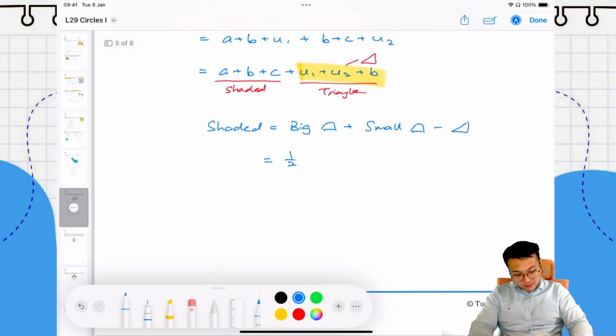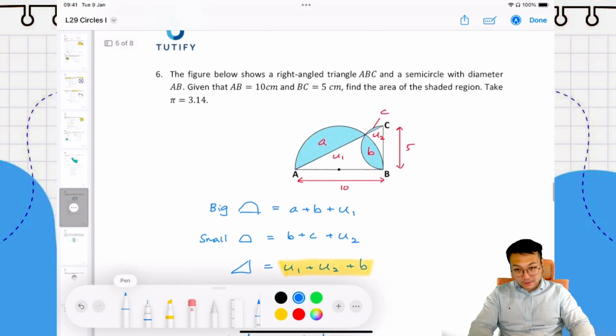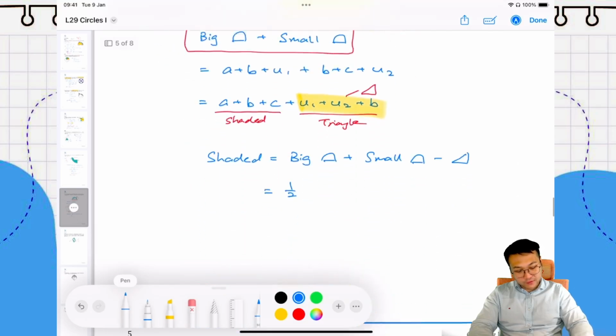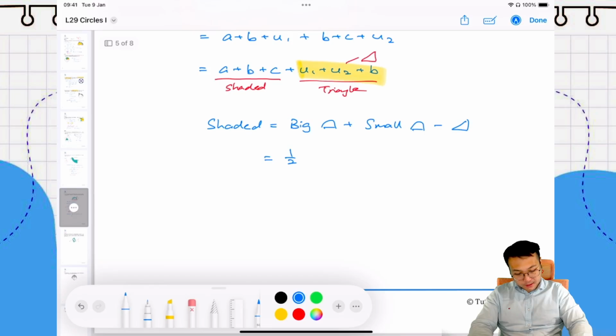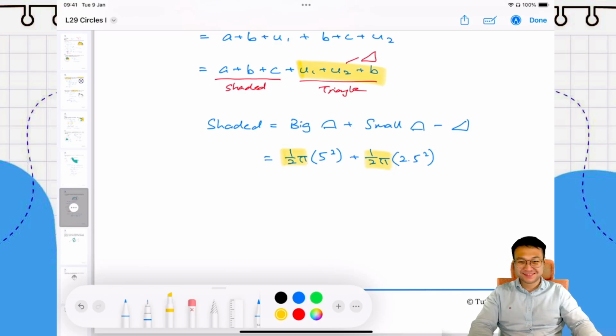Okay, so big semicircle, so half times pi, what is pi? 3.14. Okay, you know what, half times pi times 5 squared plus half times pi times 2.5 squared. Now, do you notice that half pi and half pi keeps repeating? Yes. What can I do?